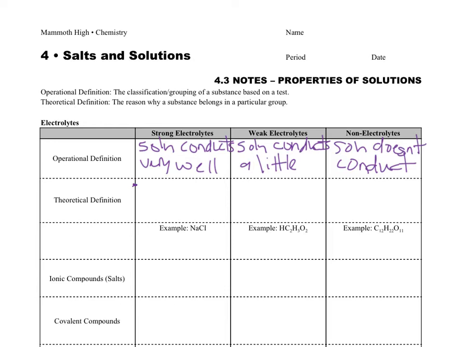One idea is that it has many ions in solution. And so then, of course, a weak electrolyte would have a few ions, and a non-electrolyte would have no ions.